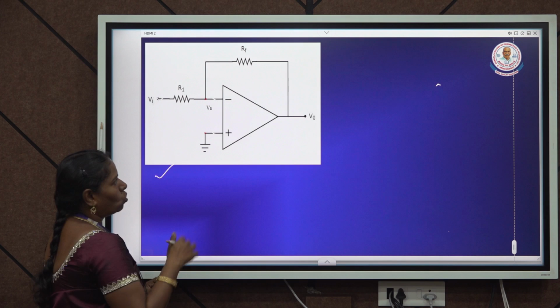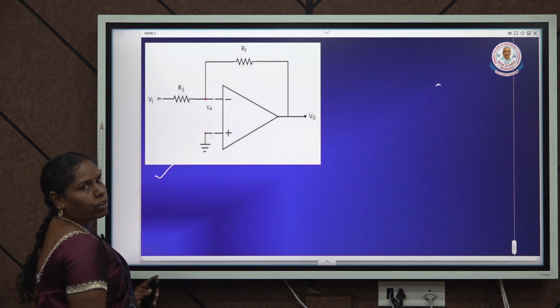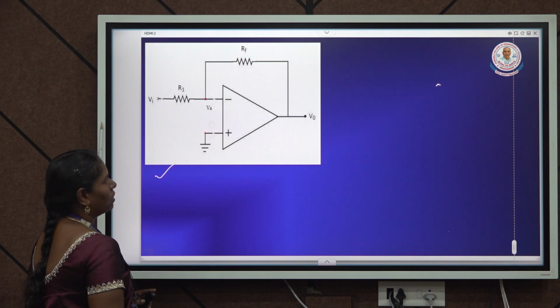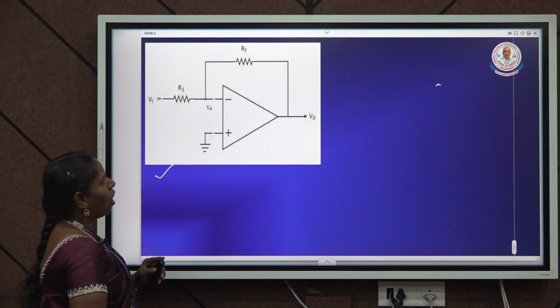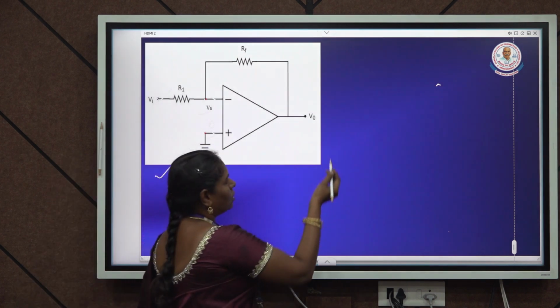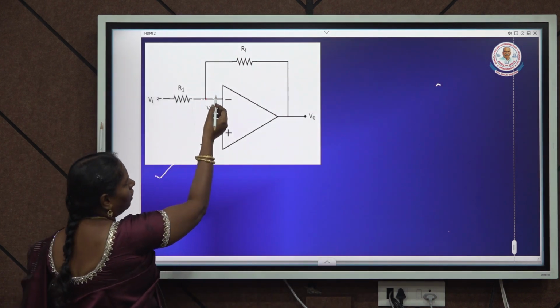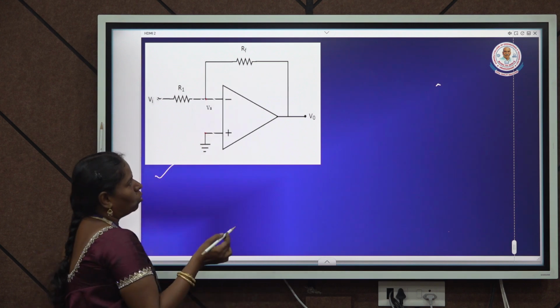No current will flow into the input terminals. Next we apply another rule: the current flowing towards the node and the current leaving the node sum to 0.